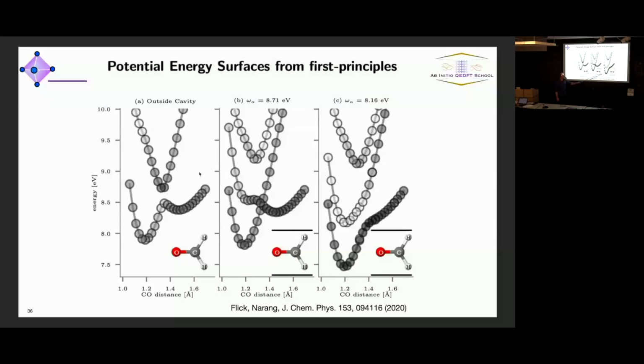There are rich possibilities for what can be changed using optical cavities. The basic idea is always that you replicate surfaces, you have an additional degree of freedom, and these surfaces hybridize. This is over the distance of the CO bond. Depending on how you tune the parameters, even with just a single mode, you can get different effects. So the cavity can, in this sense, also change photochemistry.